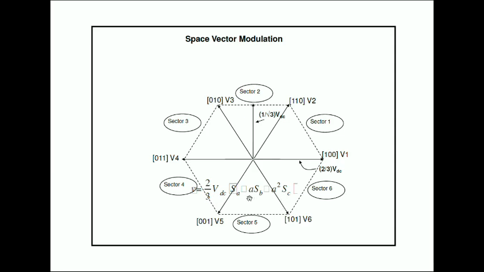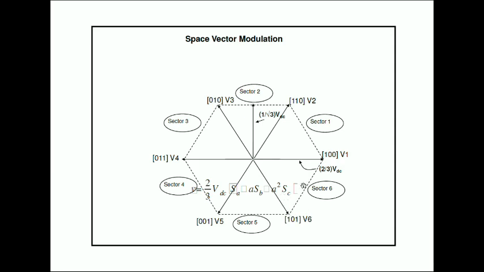And the same thing here, 101 means SA is active, SB is 0 and SC is active. Then you will get a vector which is the sum of these two vectors. So this is your V6. So now we got 6 vectors.